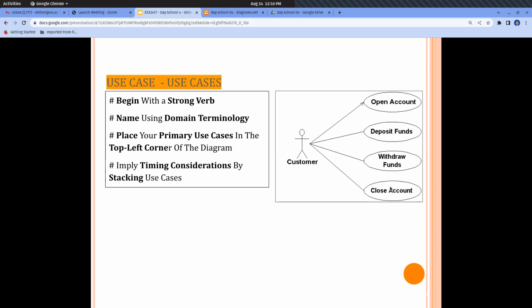And close account comes after all those things. So you have to write the first use case in the timeline first. Imply timing consideration by stacking use cases. Stacking is like this, one over another, one over another.